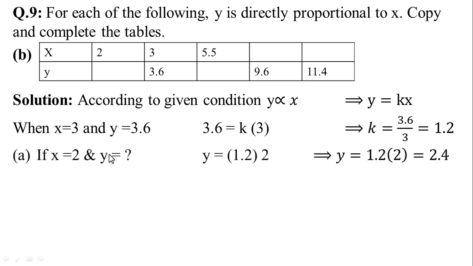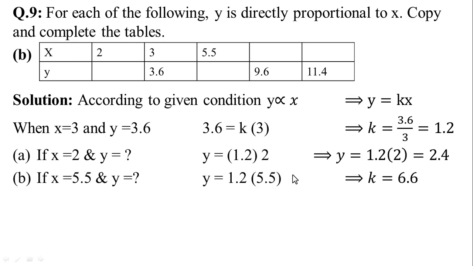In the first part, x is equal to 2 and y is equal to question mark. In this condition, we will put the values in the given relation y is equal to kx. So y is equal to the value of k, 1.2, and x is 2. 1.2 multiplied by 2 is equal to 2.4. So the value of y is equal to 2.4.